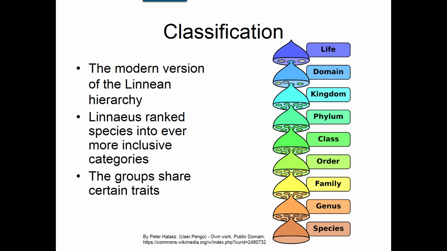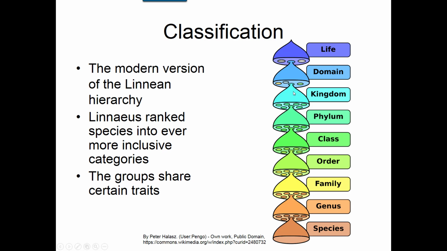Okay, so I mentioned that Linnaeus was responsible for unifying the naming of plants by giving us this Latin binomial, and he also gave us a system of organizing organisms. And what I have here, this diagram is kind of the modern version of Linnaeus's biological hierarchy, where all of life first gets divided into domains, and there's 3 of those.